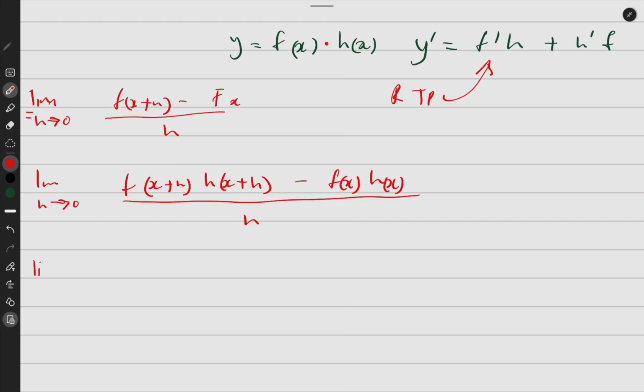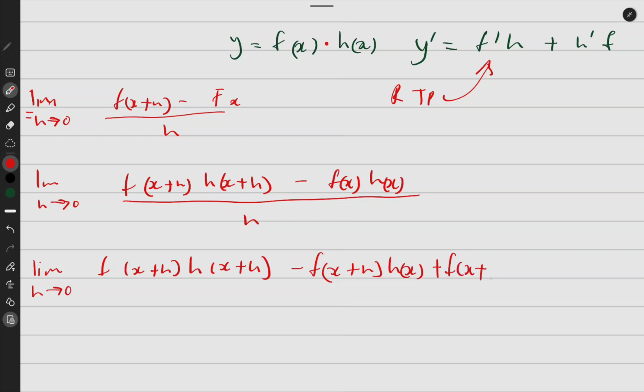We're going to do something you need to put in your head about proving this. You're just going to add something and subtract that thing again. So that means you won't change anything on the problem. So right now I'm still copying the thing that is on top, f of x plus h, h of x plus h. Then I'm going to subtract a term, f of x plus h, h of x, and then put the term back. So that means I've done nothing, no work done in the problem, so displacement is 0.